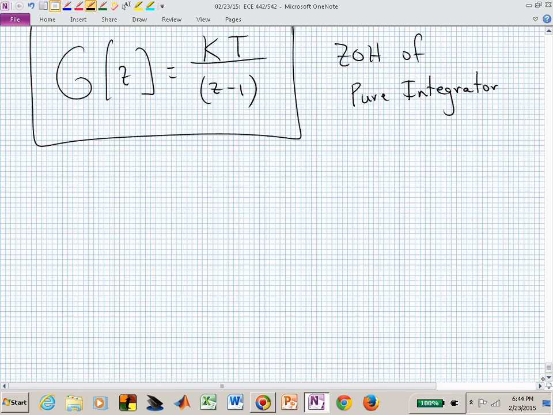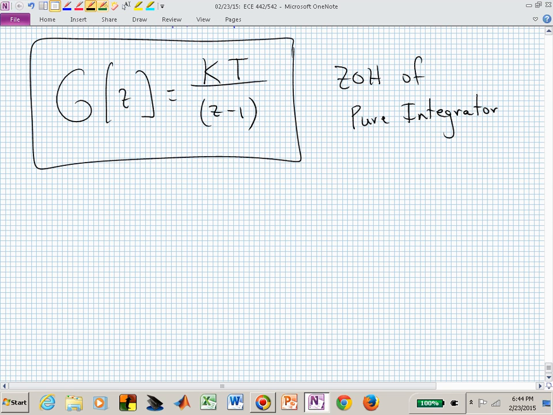What's that look like in terms of a pole zero diagram? Do we have any finite zeros?